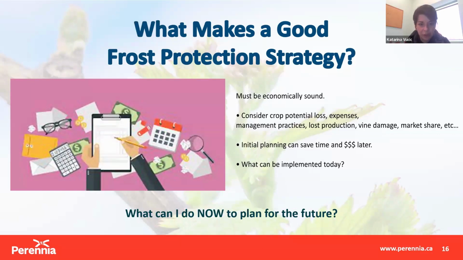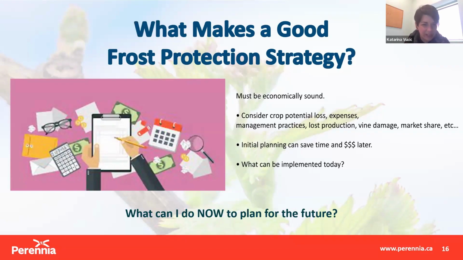Managing frost protection based on your site data rather than regional weather forecasts, resources can be used more effectively and more specifically to your site. A site map outlining areas of varying conditions, elevations, temperature extremes, timing of bud break, historical frost protection methods, all of that data you can use for making a great planning tool essentially.